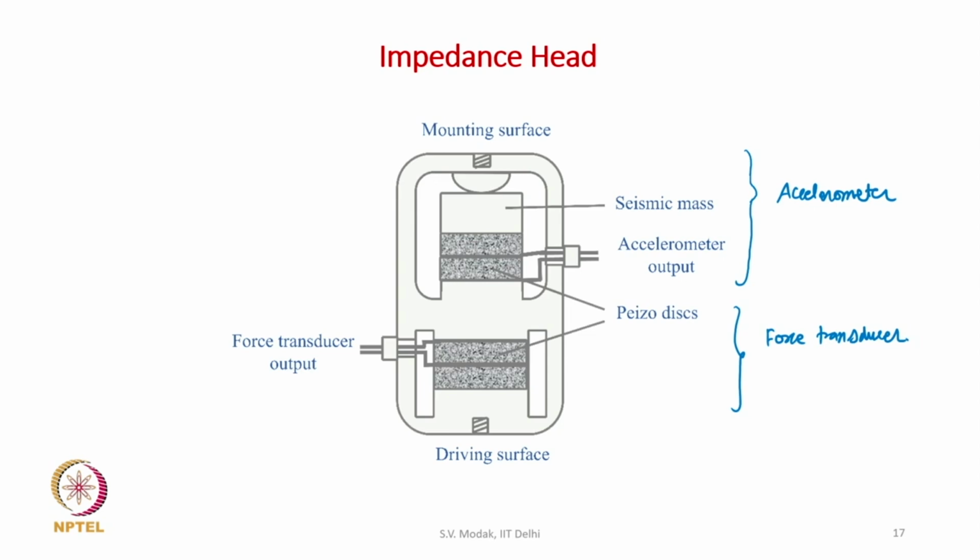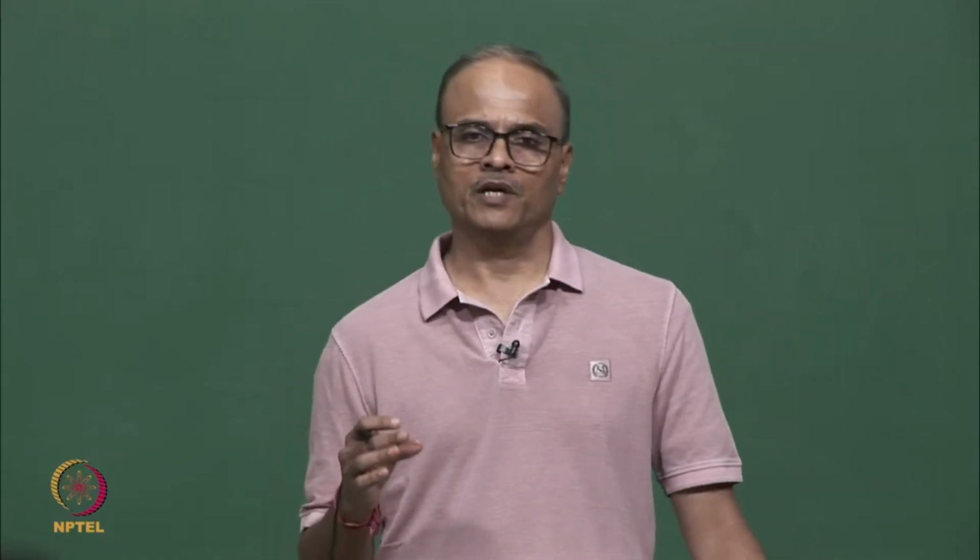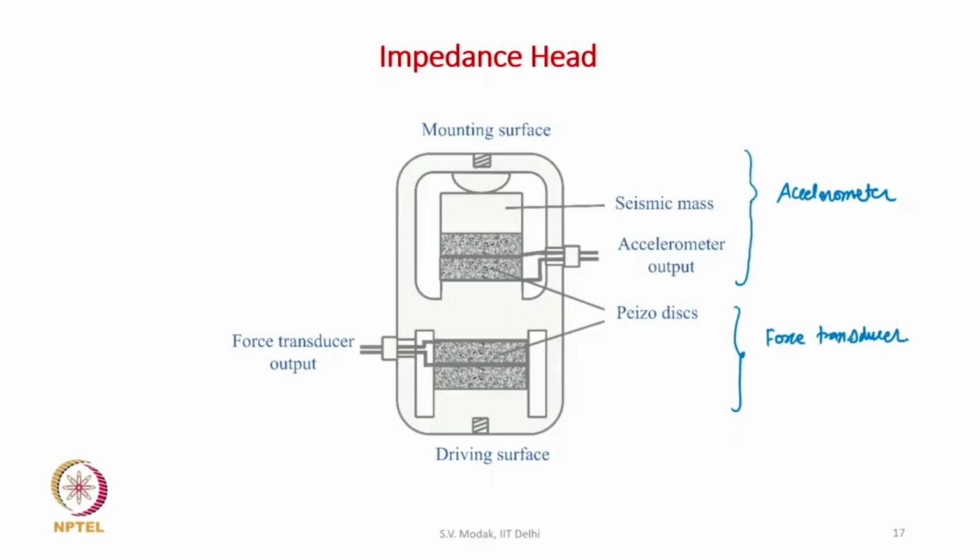In the accelerometer part we have the seismic mass. We have studied the piezoelectric accelerometer earlier; piezoelectric accelerometers have a seismic mass and a piezoelectric disc, and we get the output as a charge signal, which is proportional to the relative displacement of the seismic mass. In the force transducer, the output is the charge, which is proportional to the force acting on the piezoelectric disc.